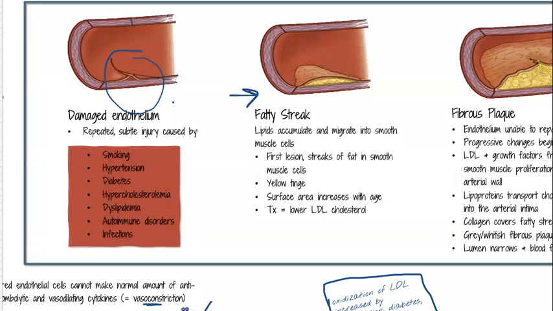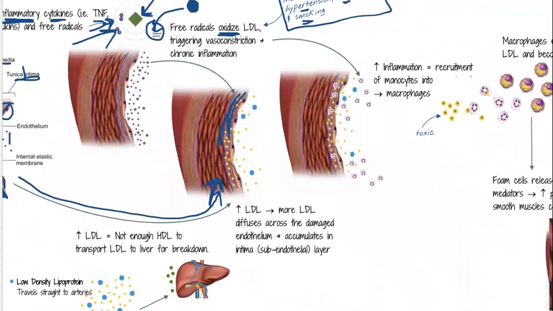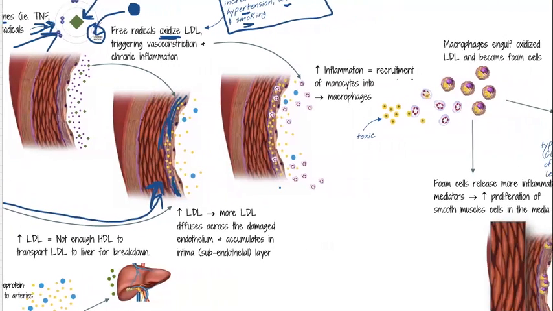Everything we've talked about right now has been between this injury and on its way to the fatty streak. So you've got these oxidized low density lipoproteins that have built up now in the subendothelial, so underneath the endothelium, and they accumulate there.